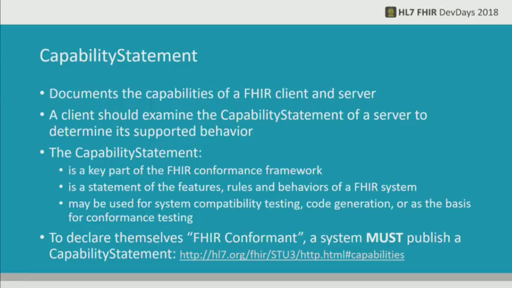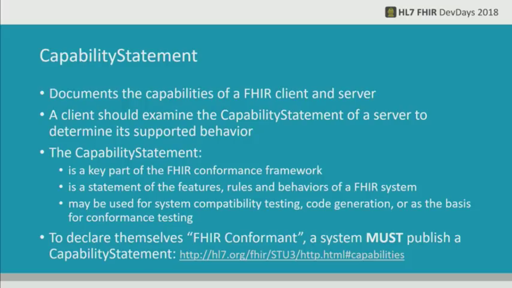Capability statement. As I mentioned, you as a FHIR server developer need to announce to everybody else what your capabilities are. In order for you to be compliant to the FHIR spec, you don't have to implement the whole spec. You just have to state what you do support. And the way you do that is with a capability statement. So there's a special operation that your FHIR server must support, and it will return back a capability statement that will then indicate I support the patient resource, I support operations X, Y, and Z, these search parameters, that type of thing.